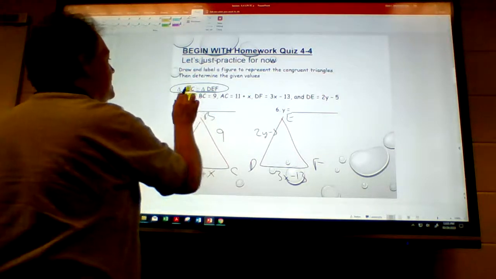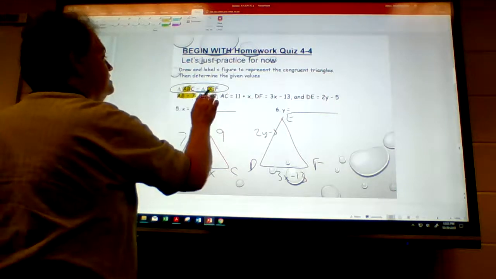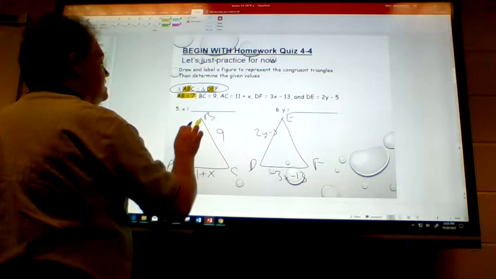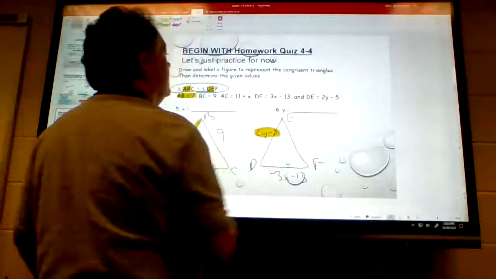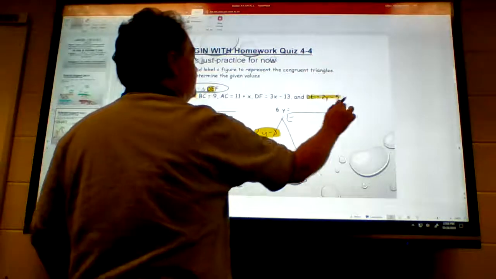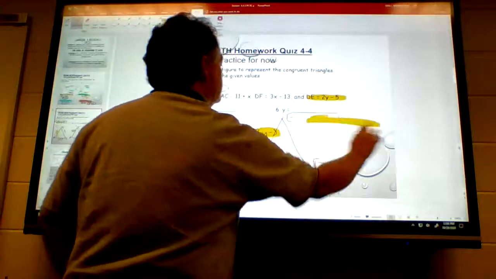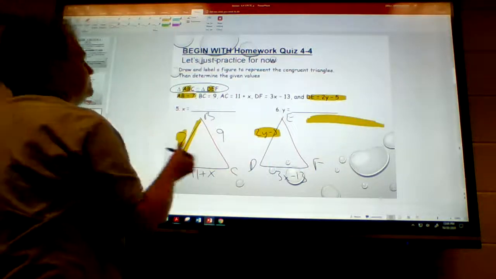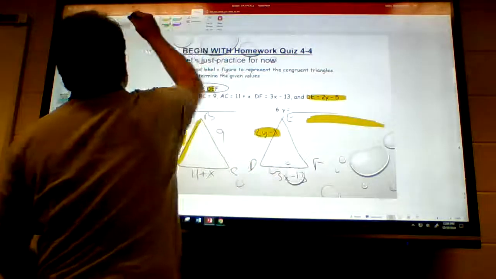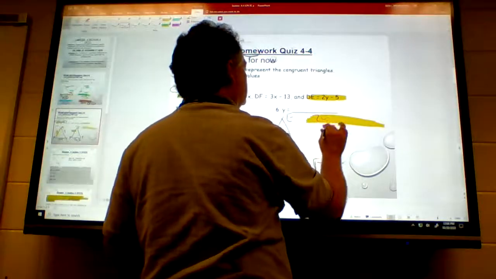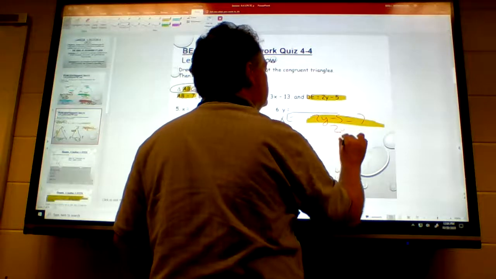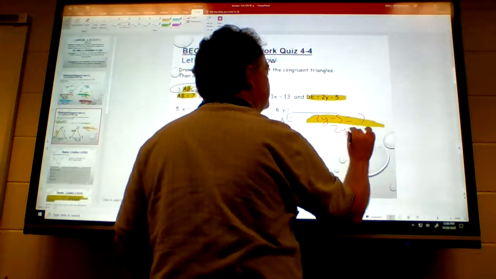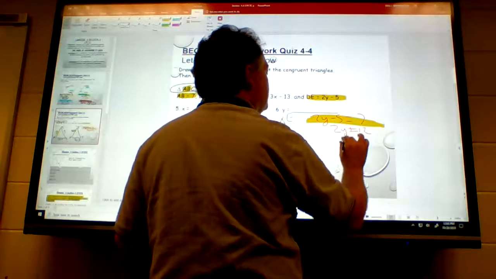And since AB is first, second, DE is going to match that because it's also first, second. So that's going to be 2Y minus 5, which I have right there. So I'm going to set those equal, and then we'll solve it. So I got 2Y minus 5 equals 7. So 2Y, add 5, you get equals 12. And then Y equals 6.